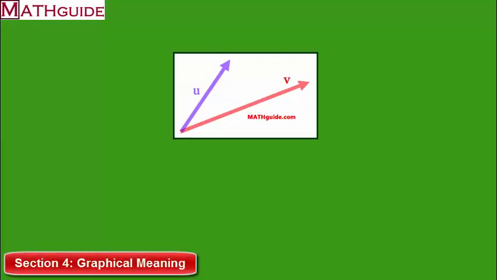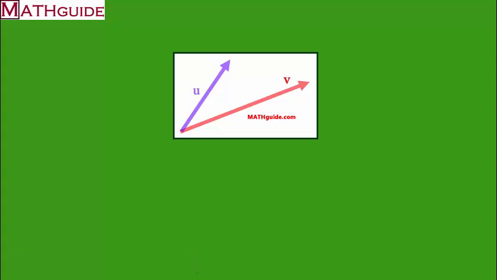Let's talk about what it means. What does it mean if I take the projection of vector U and I project it on top of vector V? Let's take a look at this graphically and understand at least what it means.